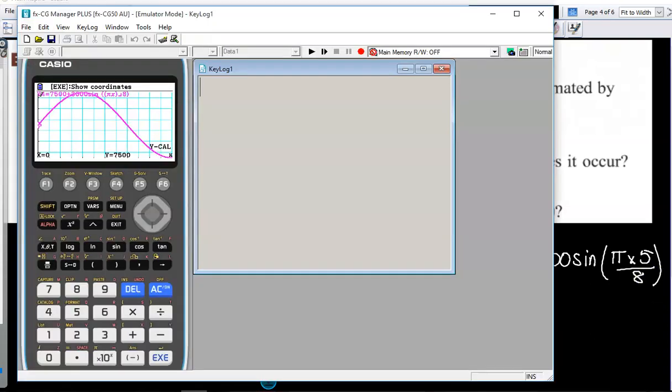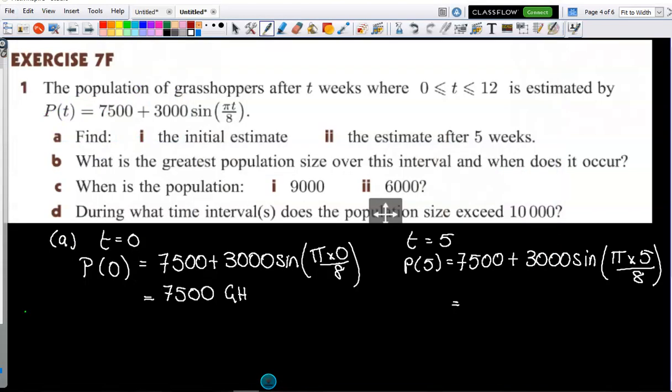Straight away. So here we go. How do we find it for 5? G-solve, more, ycalc, 5. Ooh, 10,271. Grasshoppers. You can write that.